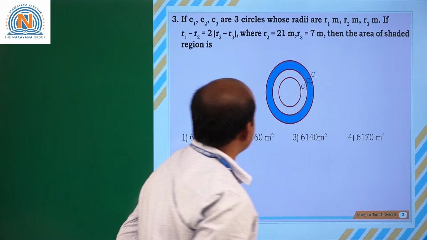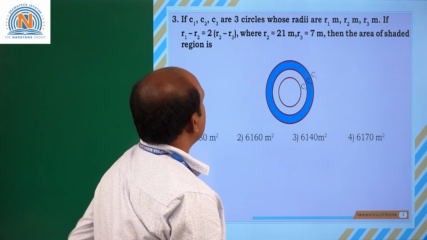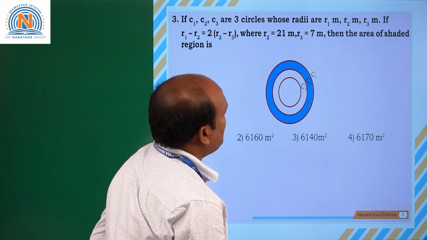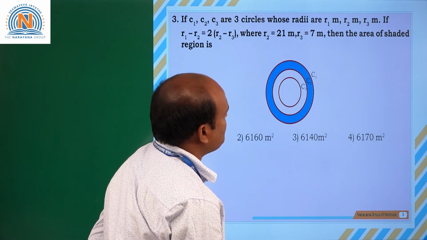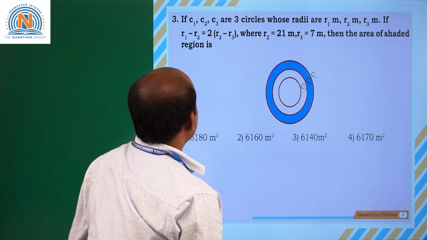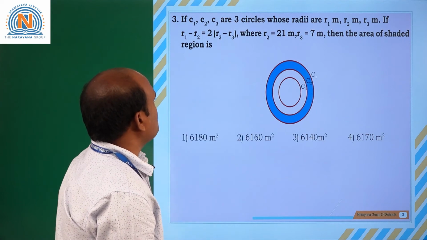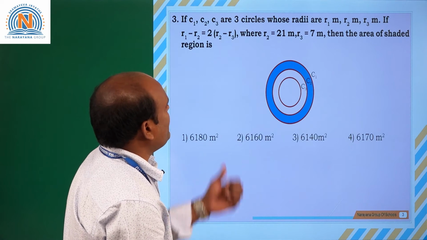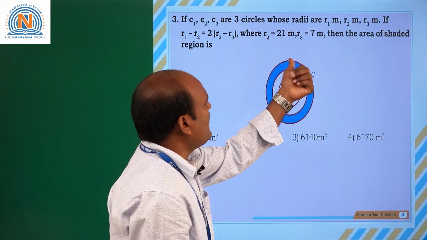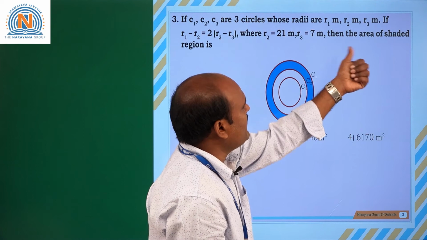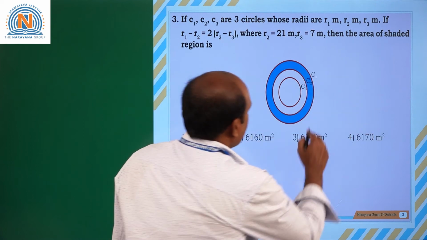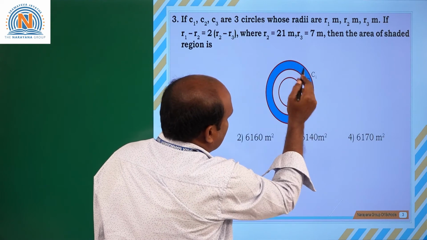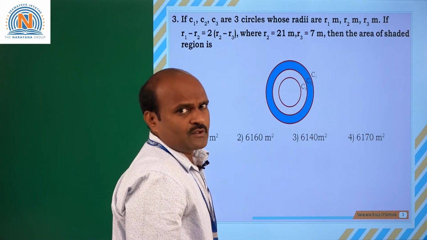Now coming to the next one. If C1, C2, C3 are three circles whose radii are R1 meters, R2 meters, R3 meters. If R1 minus R2 is equal to 2 into R2 minus R3, where R2 is equal to 21 meters, R3 is equal to 7 meters, then the area of shaded region. Shaded region is nothing but lies between circle C1 and circle C2.